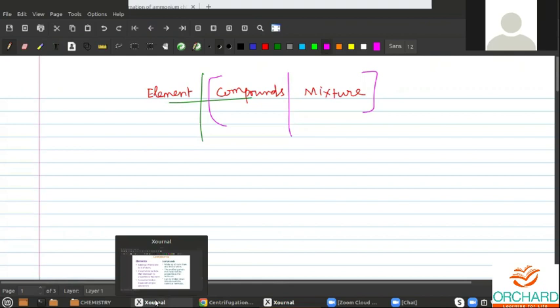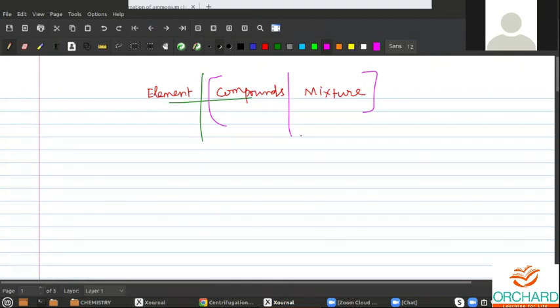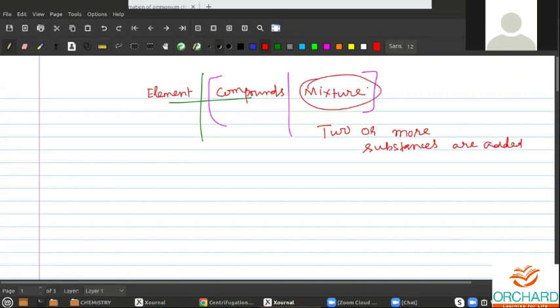the mixtures. Okay, so mixture, you mean two or more substances. When two or more substances are added, it forms a mixture.